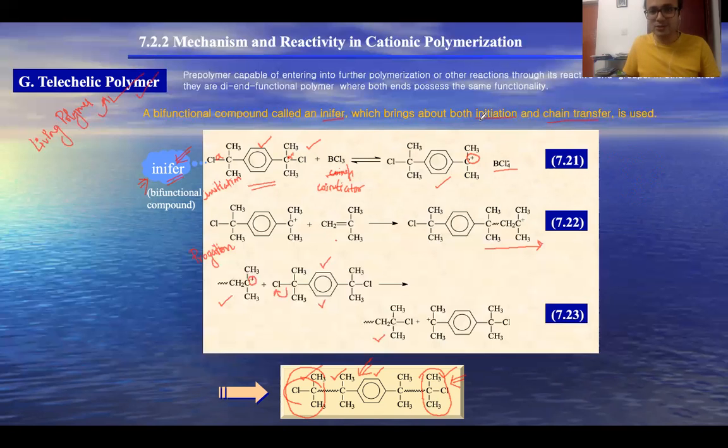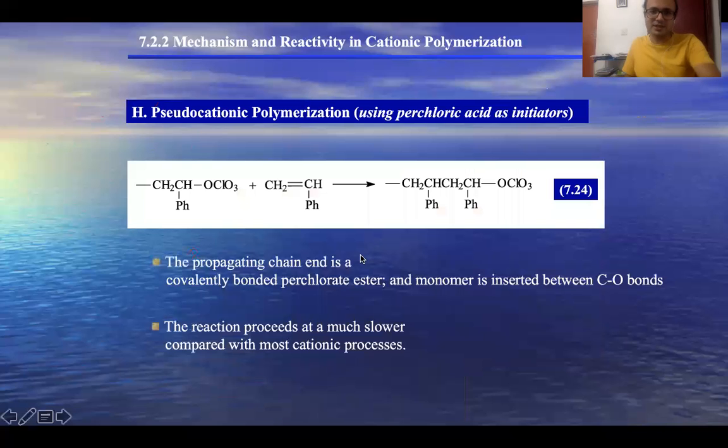It does the initiation, that is INI, and then it also does the chain transfer, that is FER. Since it performs both initiation and chain transfer, the terminology Inifer came into being. So this is the Inifer method of utilizing chain transfer for creating telechelic polymers. I hope you understood this pretty clearly.